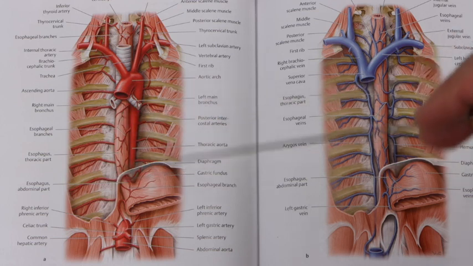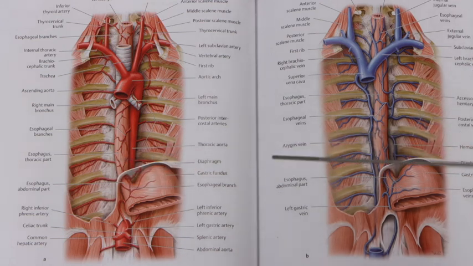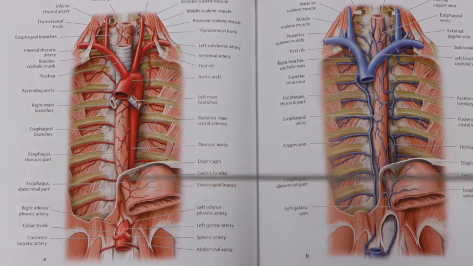Regarding the topographical relationships of the aorta: anteriorly and a little bit to the right is located the esophagus, which, as we said, passes through the diaphragm at the esophageal hiatus, approximately at the level of T10. On the right side of the aorta you can see the azygos vein, which I'm going to discuss.